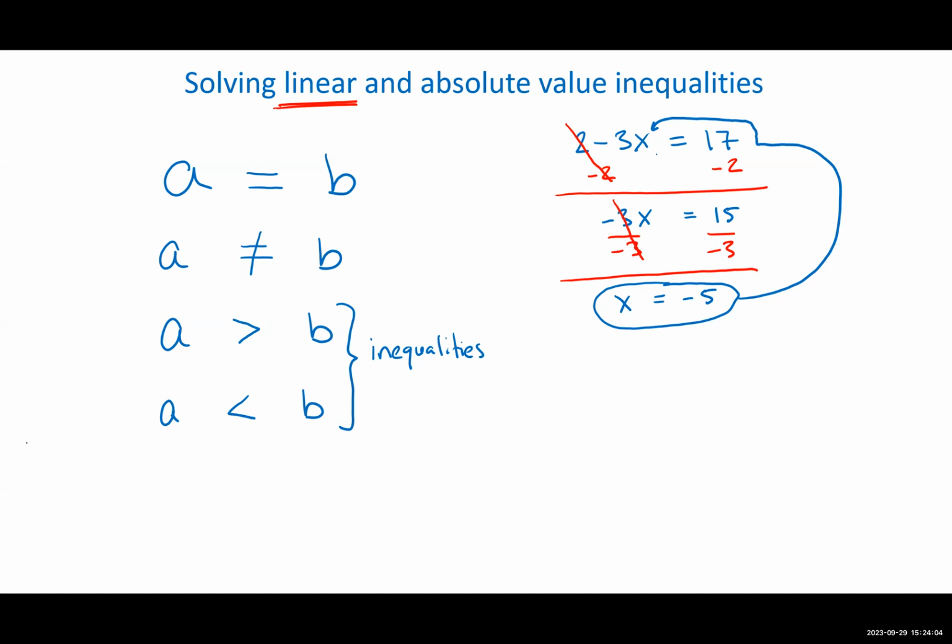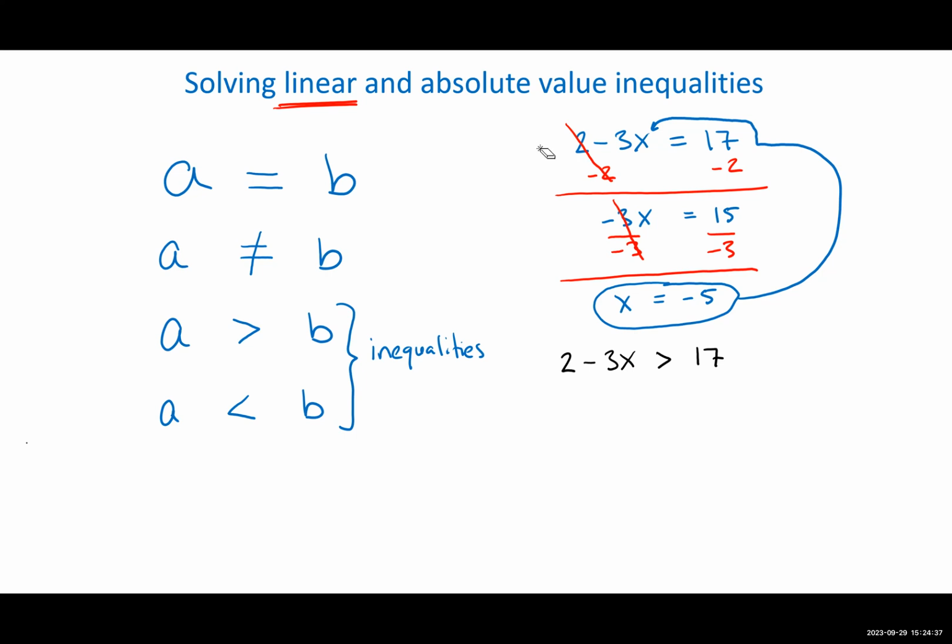Now, let's replace that equal sign. We switch to a different color. Let's replace that equal sign with a greater than sign: 2 minus 3x greater than 17. In the first case, the equation up here, this is a mathematical statement saying 2 minus 3 times some number is exactly equal to 17.